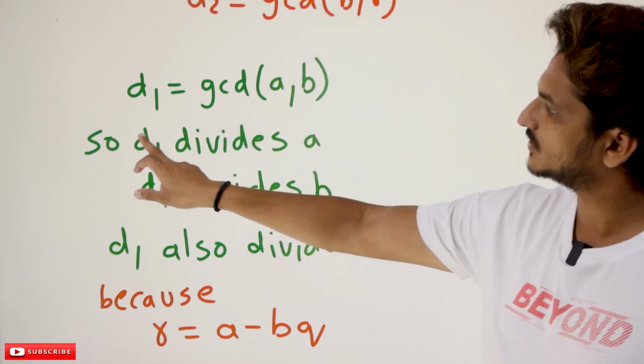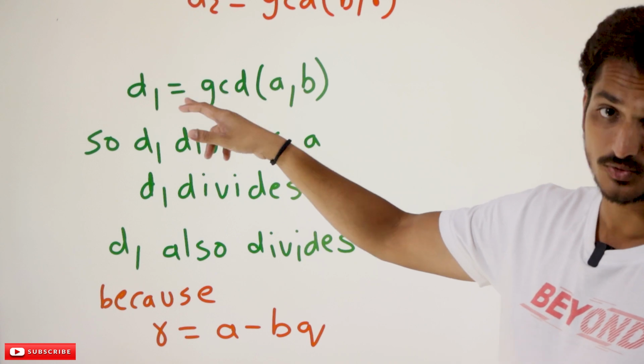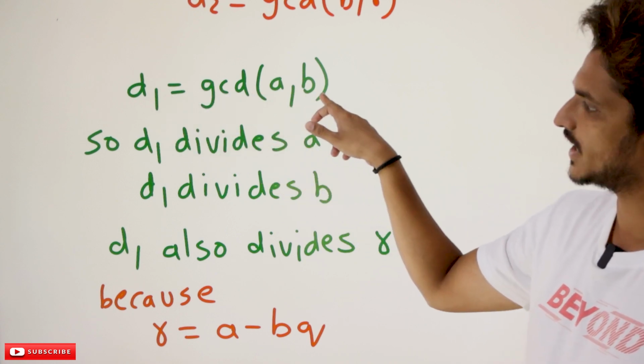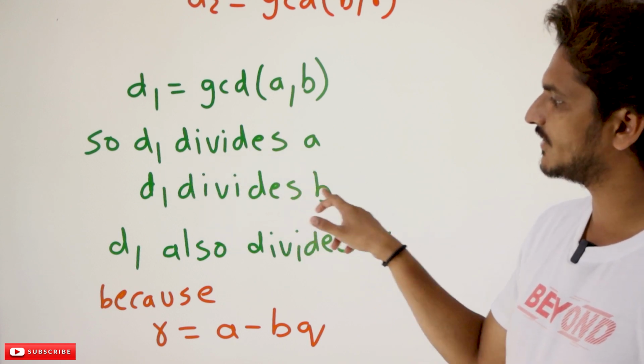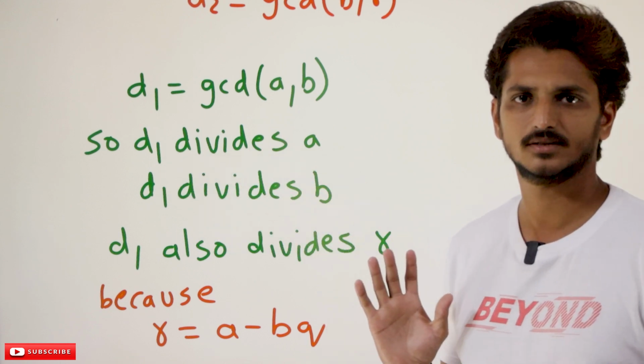So we are assuming that D1 is equal to GCD of A comma B. Then definitely we can say that D1 divides A and D1 divides B.